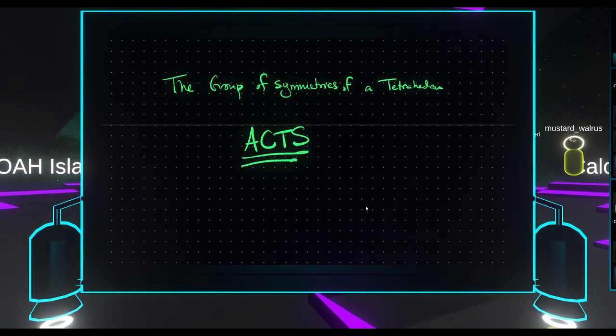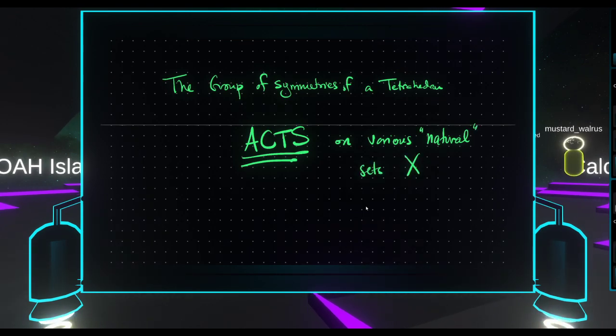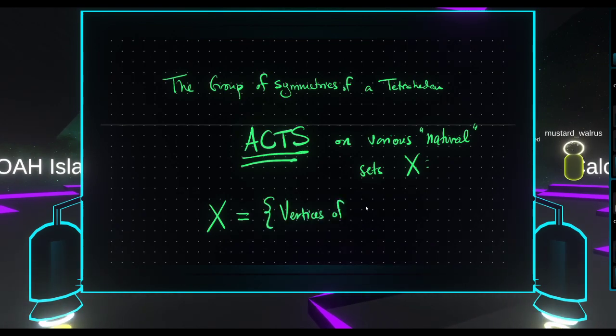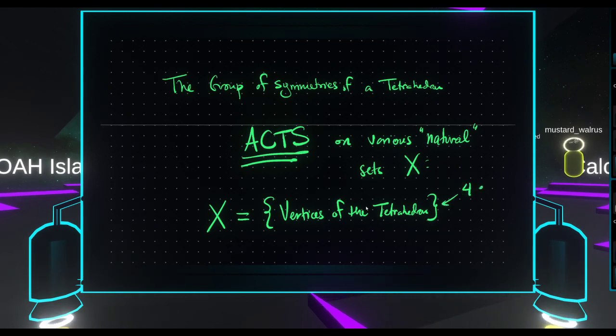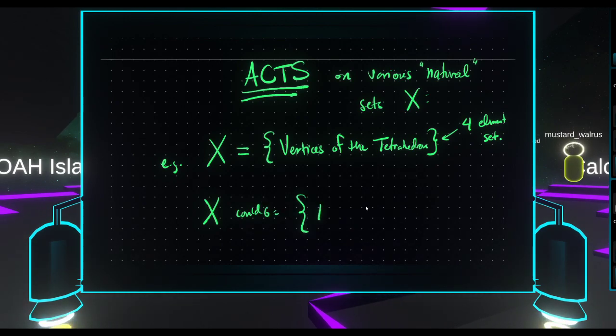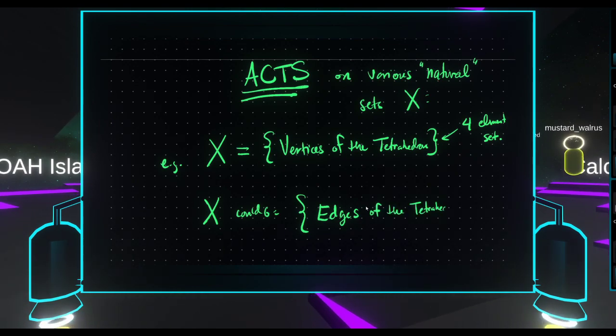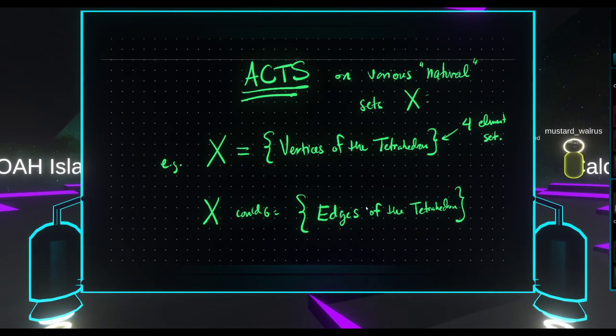The group of symmetries of a tetrahedron acts on various auxiliary, natural sets X. For example, X could be the set of vertices. This is a 4-element set. It also acts on X being the set of edges. Like, how many edges are there? Like 6 or something. 6?